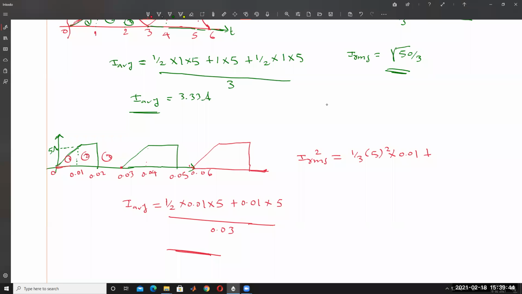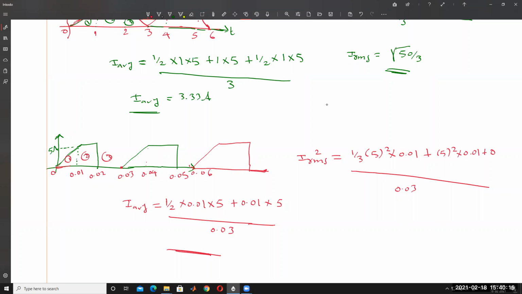Second one, similarly i square into t, where i square is 5 square into t, that is 0.01. And then for the third, there is no area, since the current there is 0 amps. That's why the third is equal to 0. But what is the time period here? 0.03.